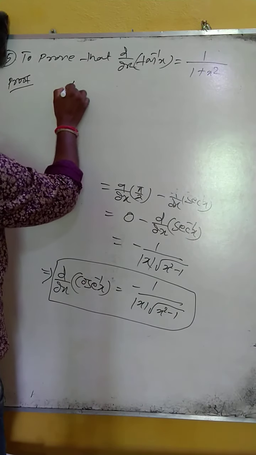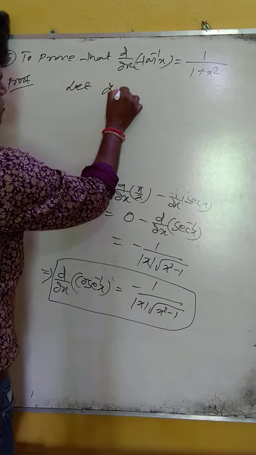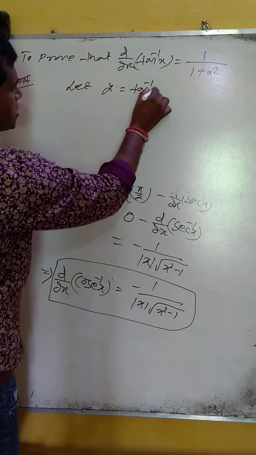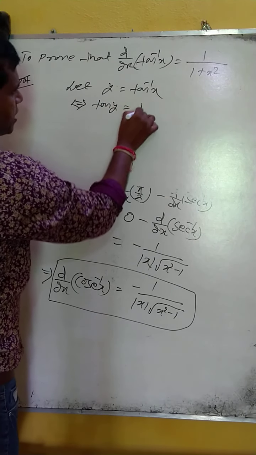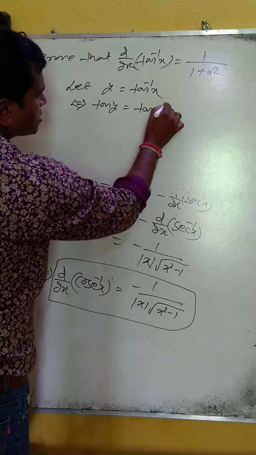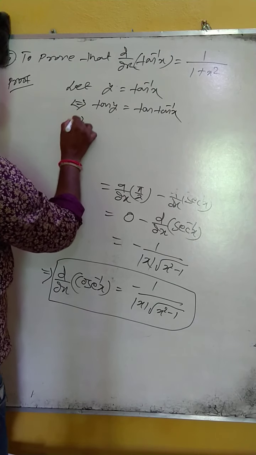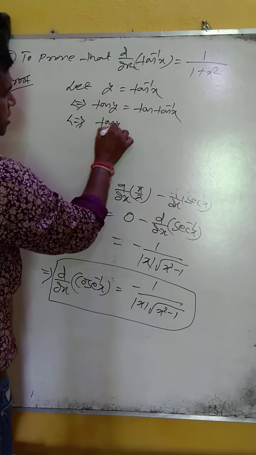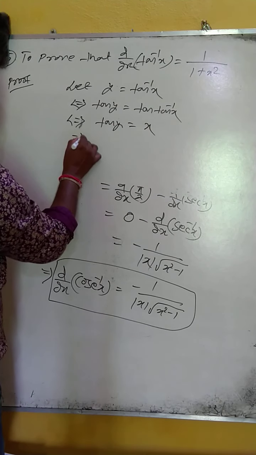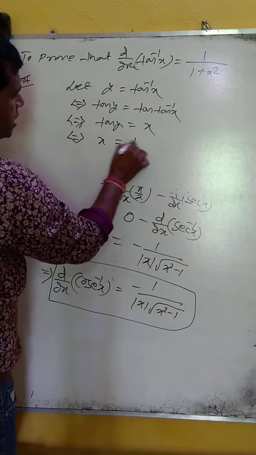Let y is equal to tan inverse x. Tan y is equal to tan of tan inverse x, so tan y is equal to x. X is equal to tan y.